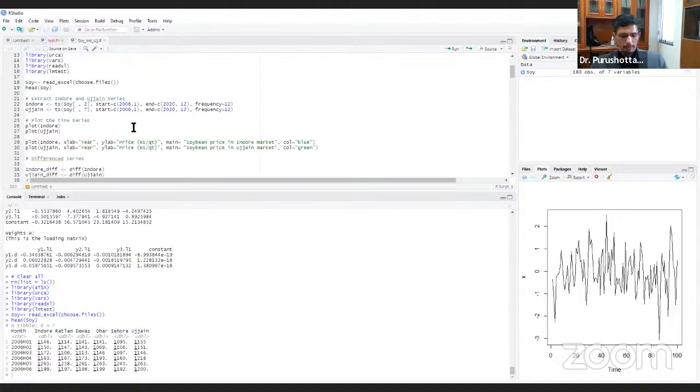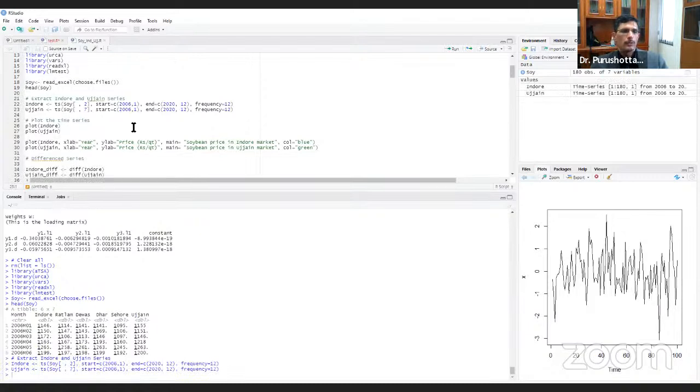We are going to take only two series first, Indore and Ujjain, which you can name like this also, or you can just write Soy Indore instead of this. Same thing will be there. So same procedure, we can call it Indore data and Ujjain data.